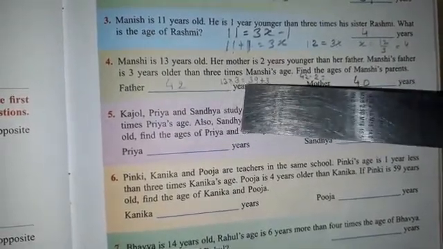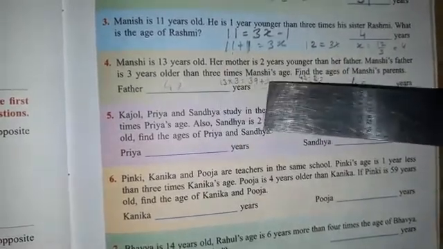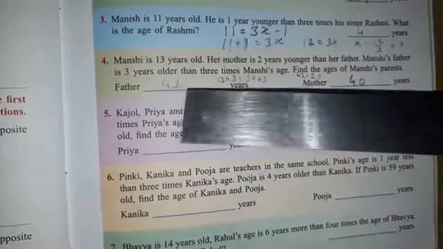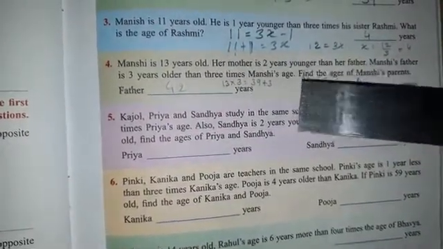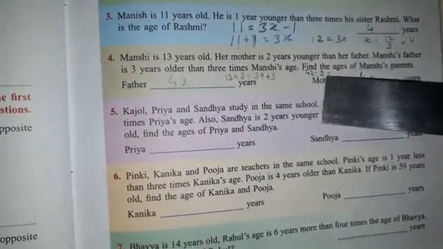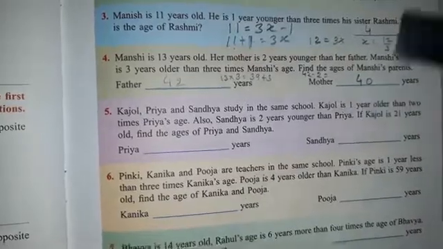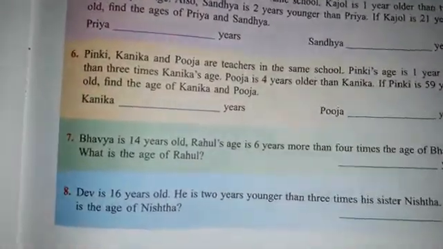So 3 times Mansi's age, 13 into 3, is equal to 39, and 3 years older means 39 plus 3. So her father's age will be 42. And her mother is 2 years younger than her father. So if her father's age is 42, we have to do minus 2. The answer is 40. So number 5, 6, 7 and 8 you will do on your own.